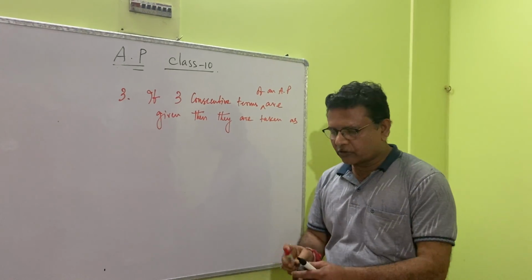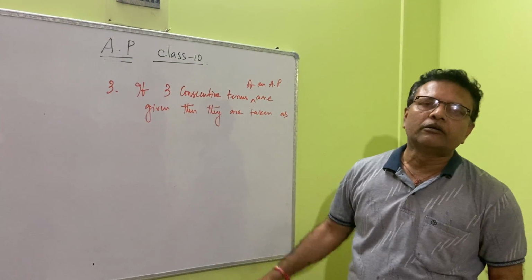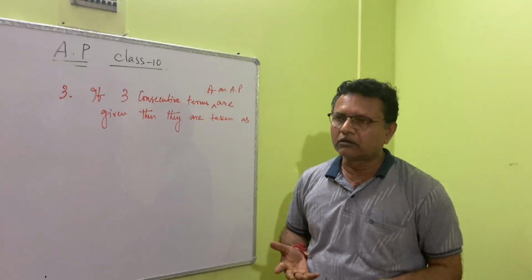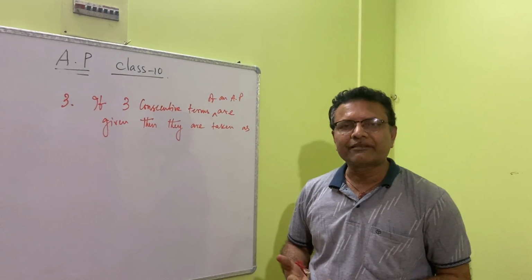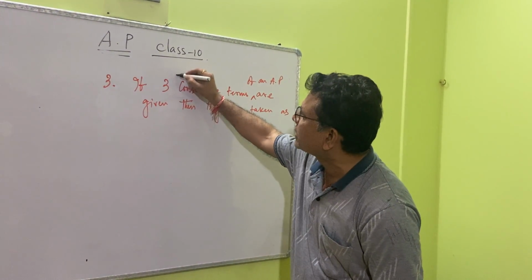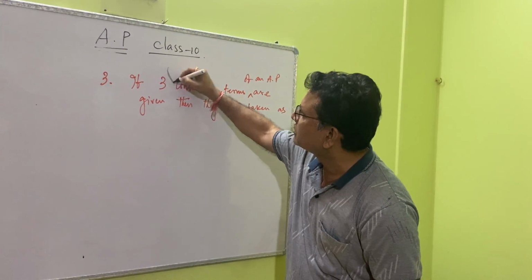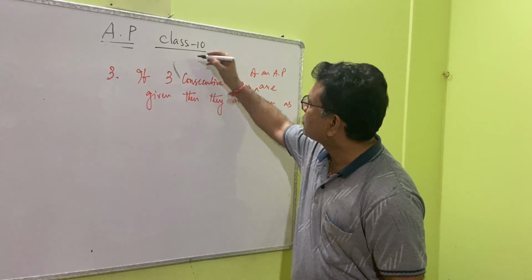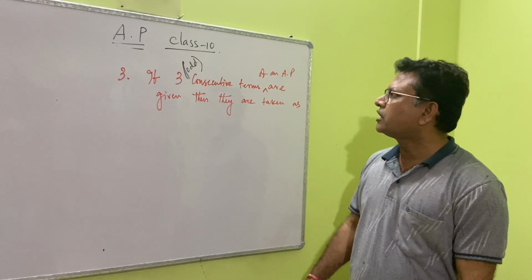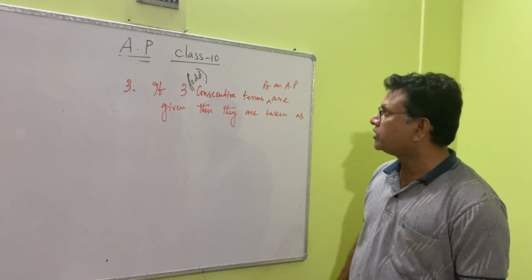Now see, actually I am giving you the rule for 3, but it is applicable for 3 consecutive or 5 consecutive or 7 consecutive. That means any odd number of terms. So for any odd number of terms, how will I proceed?